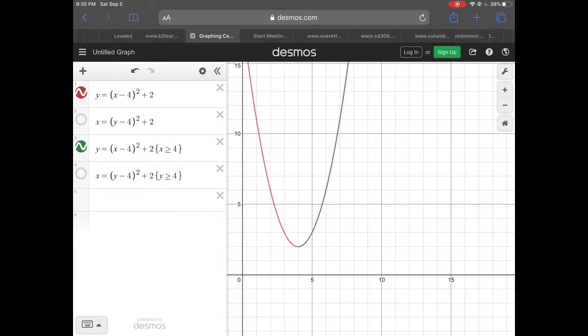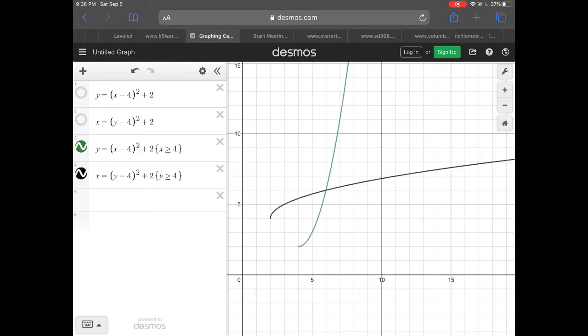So let's think about what would happen if we restricted it so that we only had x values starting at the vertex. I set it so that the x values are greater than 4. Now this function with the restricted domain is one-to-one. If we did the horizontal line test on this function, it would pass. We'd only hit each point once.